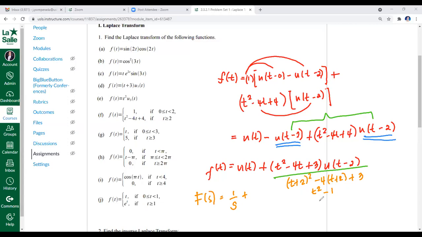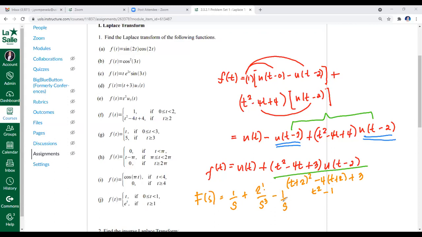So what will happen to this function of t now? This is the one that you will perform Laplace transformation on. So step 2, you perform Laplace transformation on the time translated function, not on the original function. So if you perform Laplace transform to this, your answer will be a 2 factorial over an s cubed for the t squared, and this one would be a 1 over s.